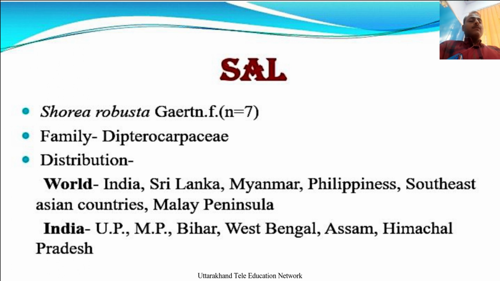So it has a long range of distribution, Shorea robusta. In India, it is distributed in Uttar Pradesh, Madhya Pradesh, Bihar, West Bengal, Assam and Himachal Pradesh.